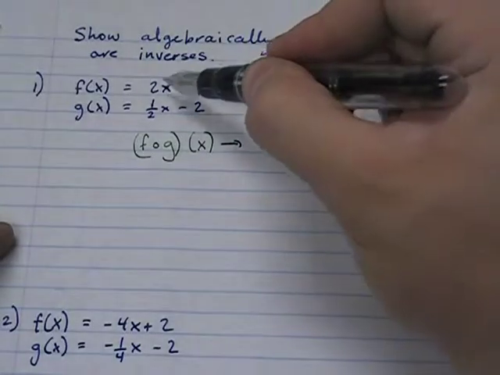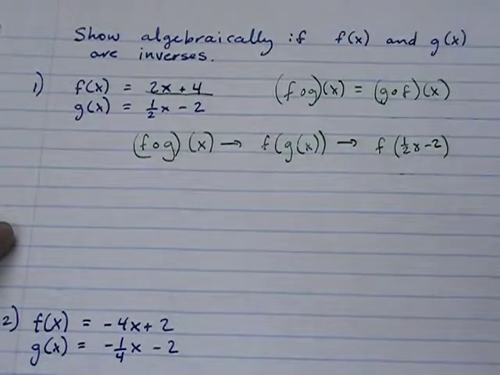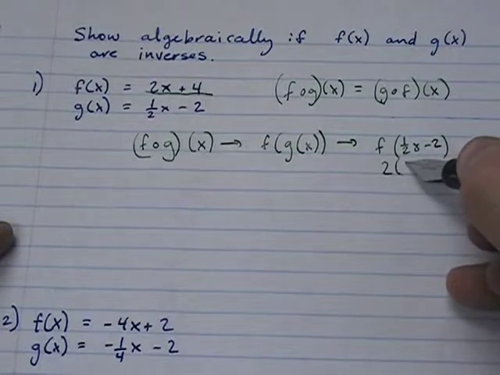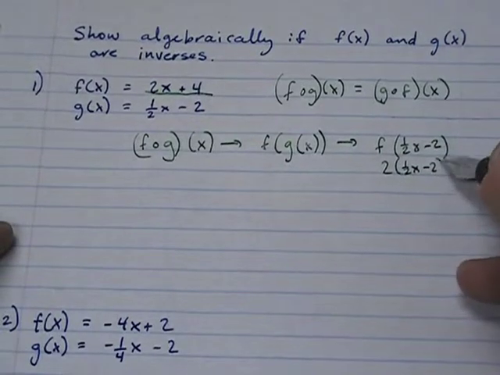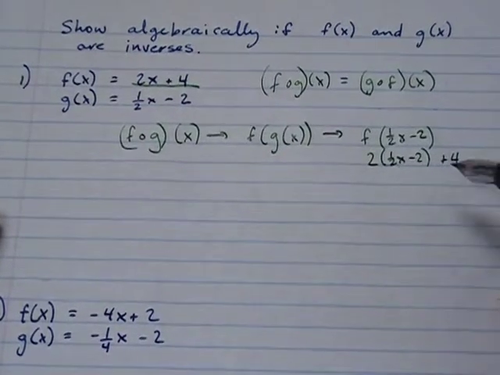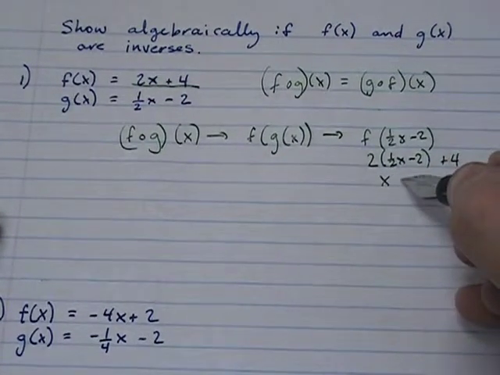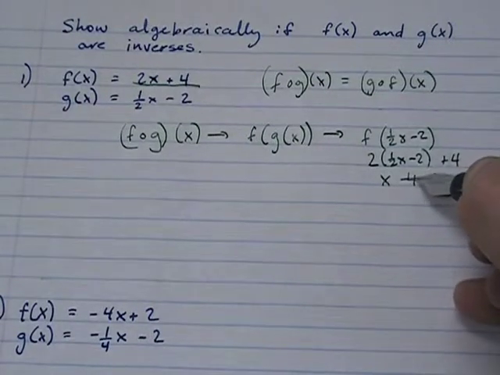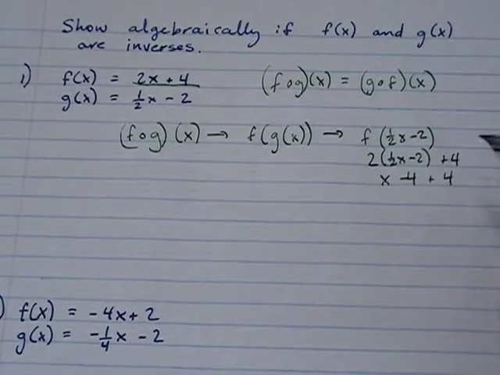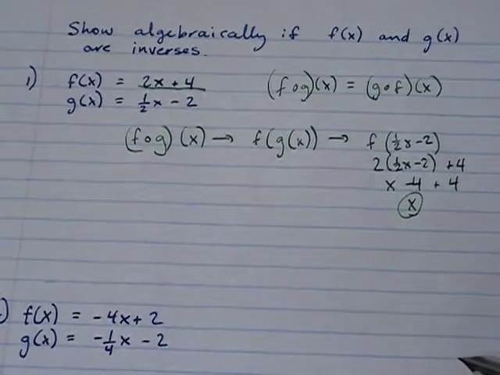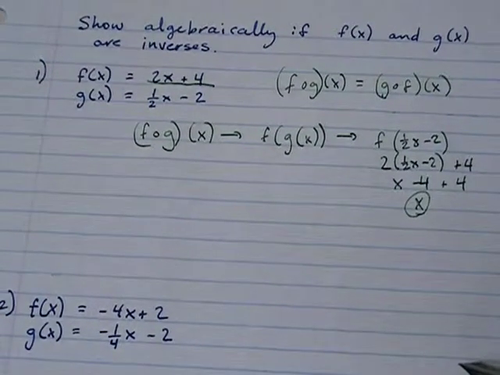So I take the function f of x here, and I plug in 1/2 x minus 2 everywhere I have x, which is 2 times 1/2 x minus 2 plus 4, which is x minus 4 plus 4, which is x. So f of g of x is x.